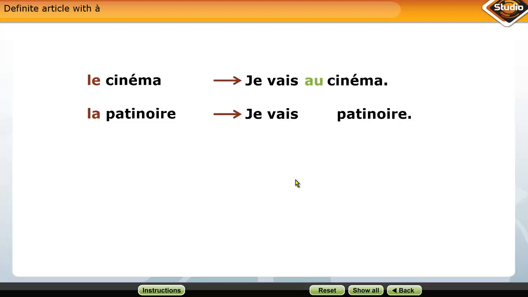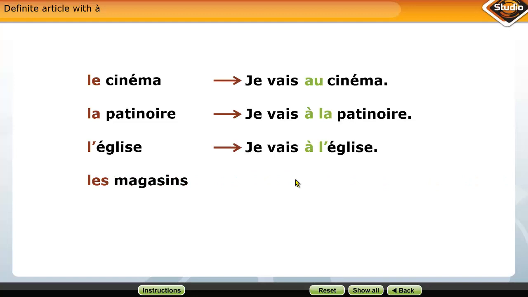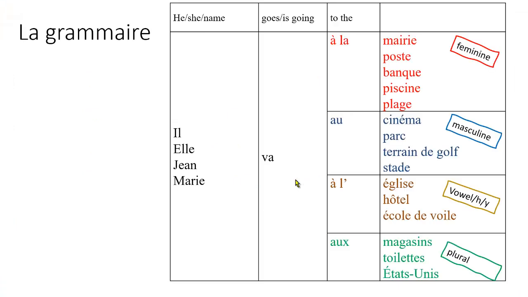Je vais, what's going to go there? Yes, à la patinoire. L'église, je vais à l'église. Très bien. Les magasins, je vais au magasin. Très bien. And then you could give out this as being what they would look at.